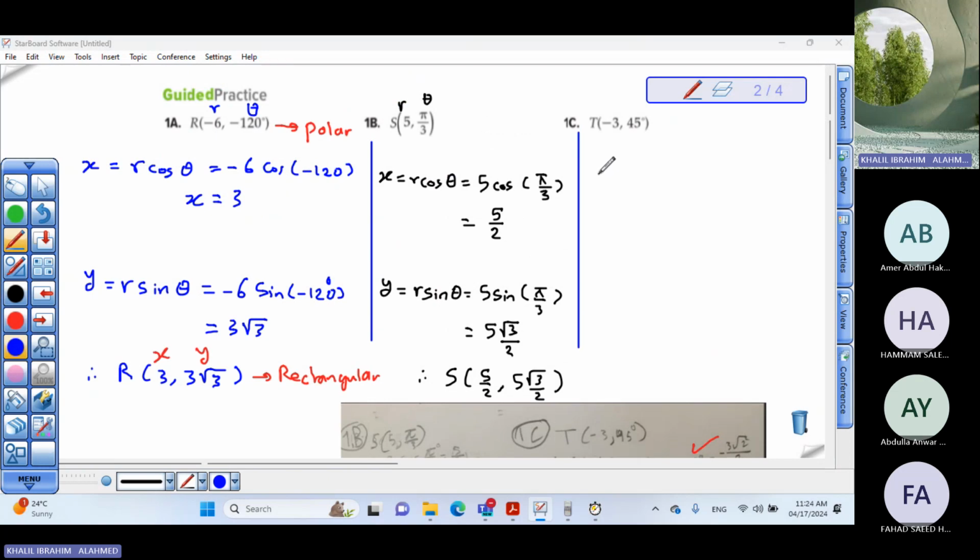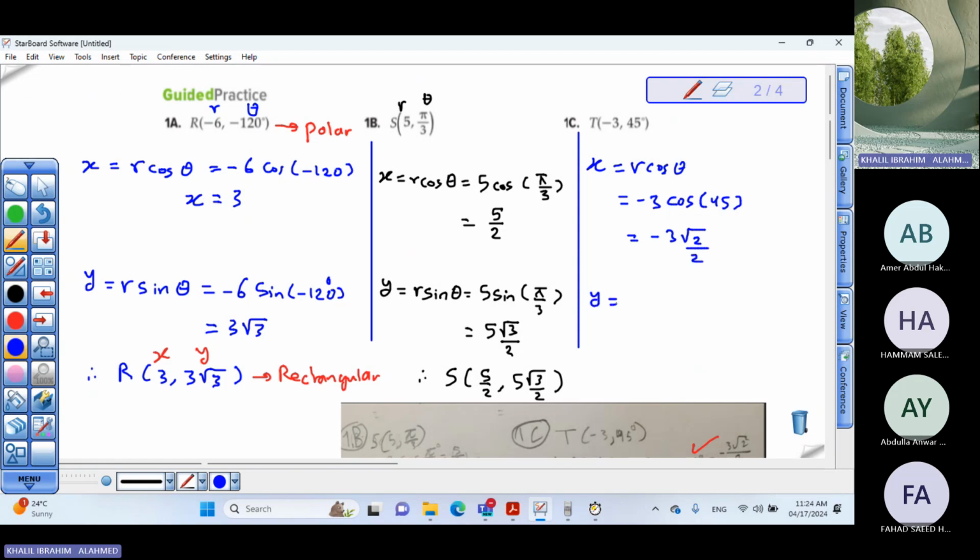As Abdullah said, x equals r cosine theta. In the same way, x equals negative 3 cosine 45, which equals negative 3 radical 2 over 2.